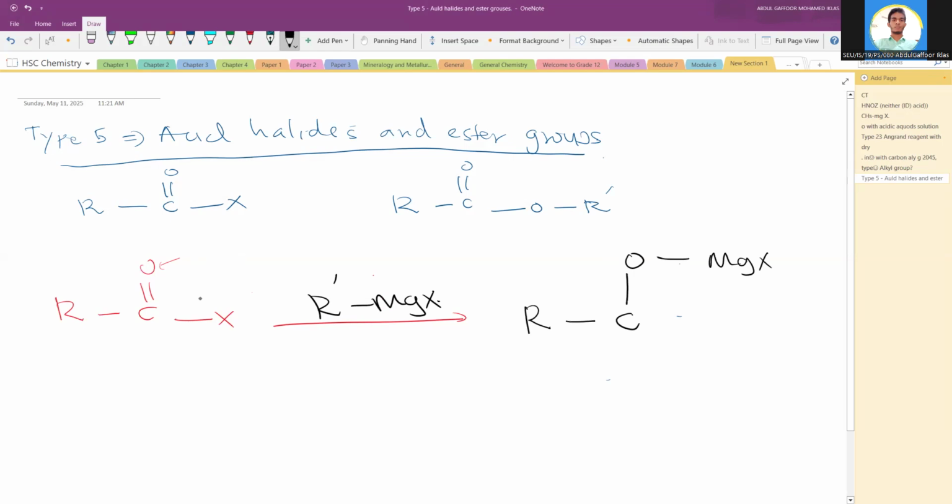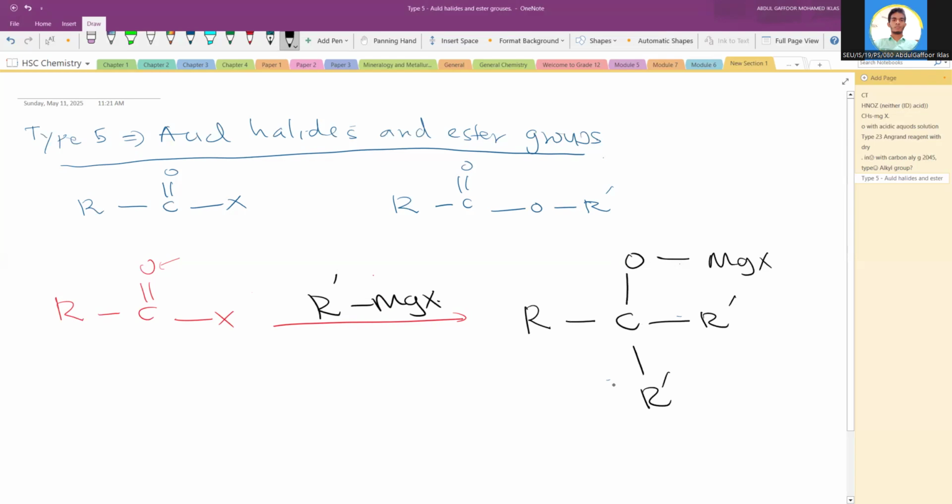Two bonds are needed. And we will add this Grignard reagent in excess amount. If one MgX comes and joins with this oxygen, another MgX can come and join with this X to produce MgX2. So two R dash will come and join.